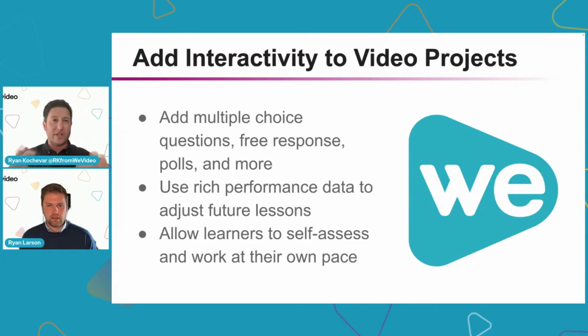You can use rich performance data that gets collected as your students complete the video lesson or the bulb, and again, I will talk through that with you when we get there, to adjust your future lessons. And it will allow learners and students to self-assess and work at their own pace. So by adding these interactions to your video content, you will be able to unlock these possibilities in your instruction and in the students' learning.